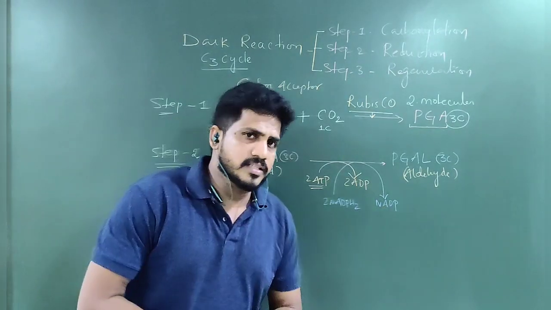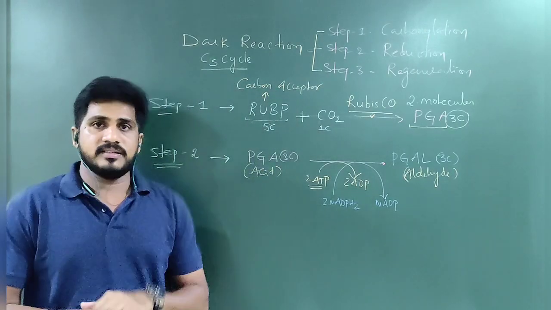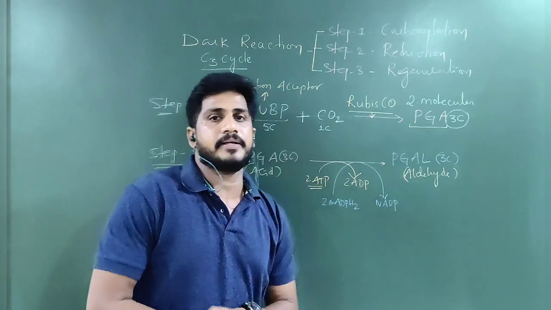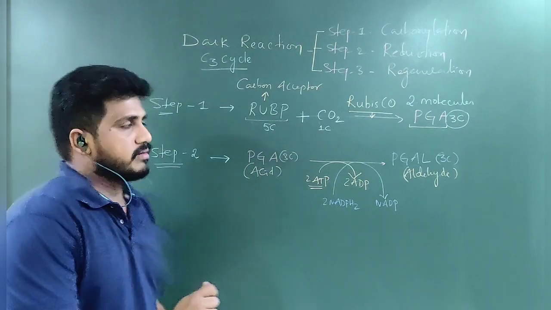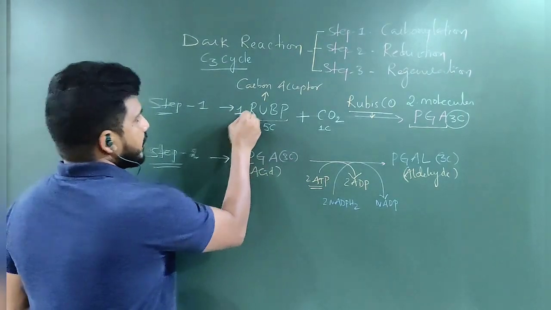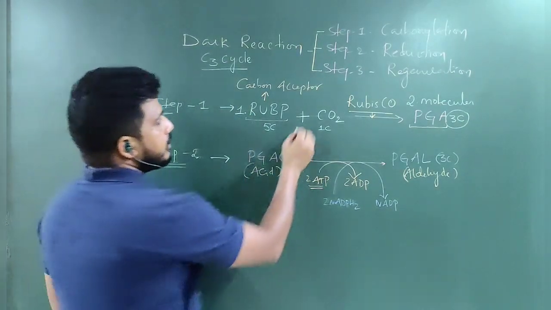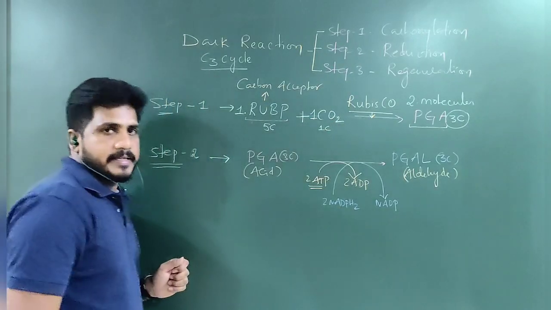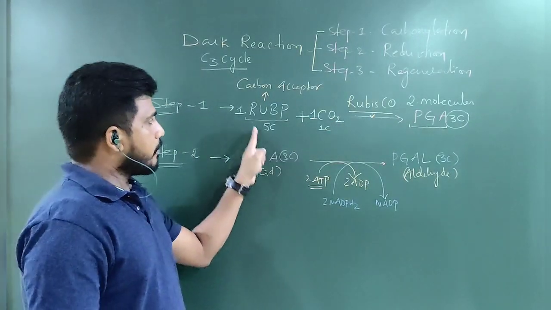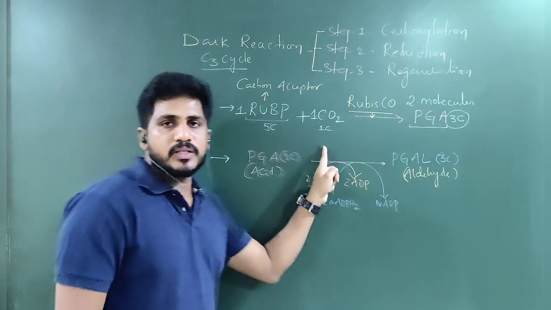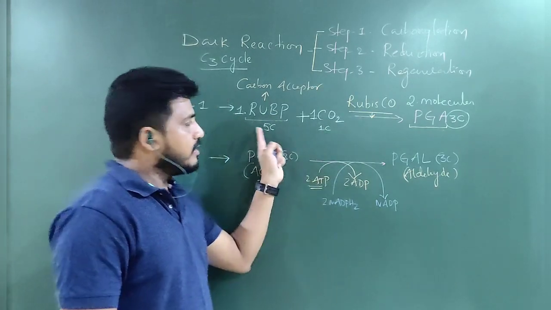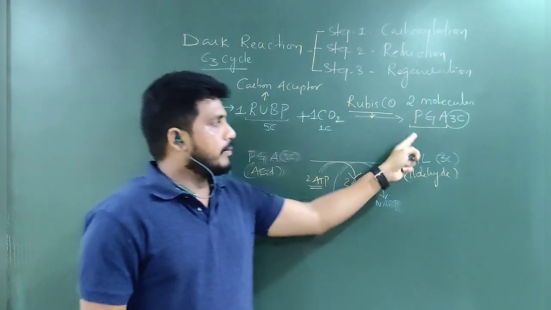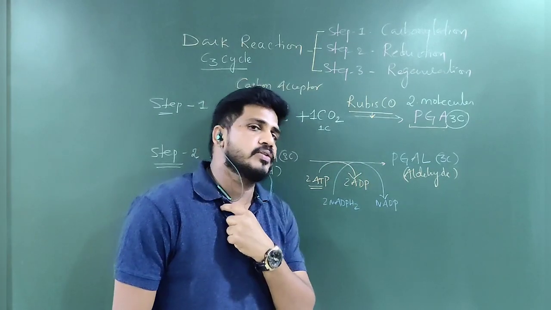Don't confuse. In the last session, I used the number 6. Why? Because I took the carbon number as 3, but here the carbon number is 1. One molecule of RUBP accepts 1 carbon dioxide. That means the 5 carbon molecule RUBP with 1 carbon of carbon dioxide fused and formed 2 molecules of 3 carbon PGA.